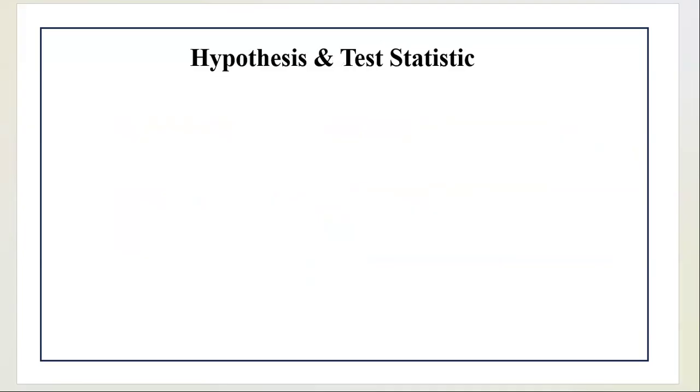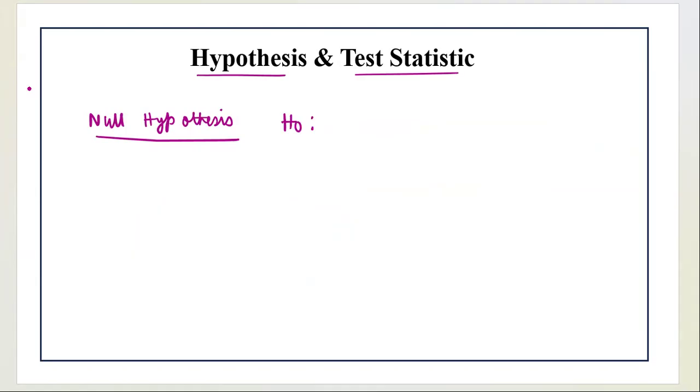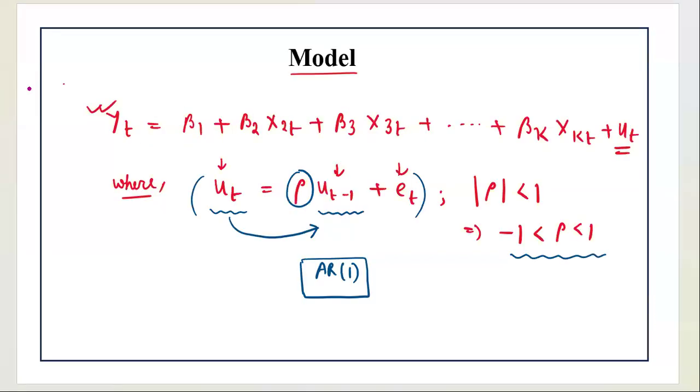Now for that we have to define the hypothesis and the test statistic. So what will be the hypothesis? The null hypothesis, as we always do, will say that there is no autocorrelation present in our model. So we will say rho value is exactly equal to 0. Now please understand this thing.